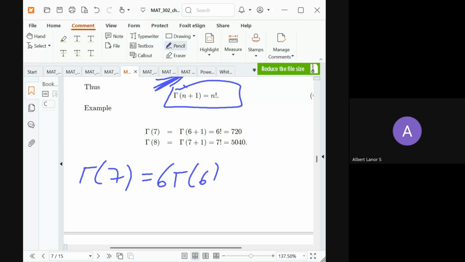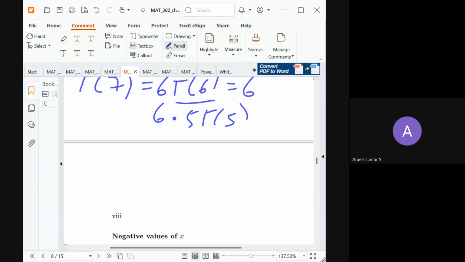Now gamma of 6 will be 5 times gamma of 5, and gamma of 5 is 4 times gamma of 4.